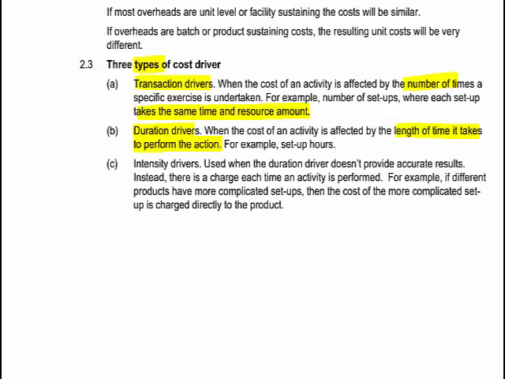The final one then is an intensity driver. This is when duration is not going to provide an accurate result, and it changes every time the activity is performed. So what we do here then is, with something that's more complicated, the cost of the more complicated setup is charged directly to the product which causes it to occur in the first case.